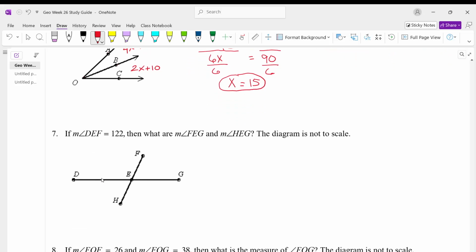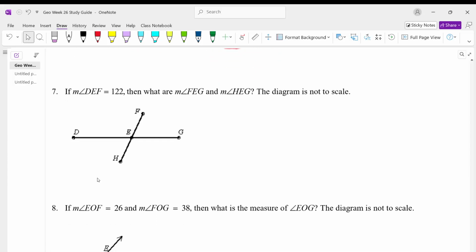And next we got two problems left here. In problem number 7, if the measure of angle DEF, draw this picture on your paper, draw this diagram. Then label these points, just like the picture.